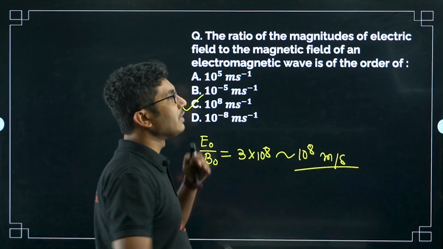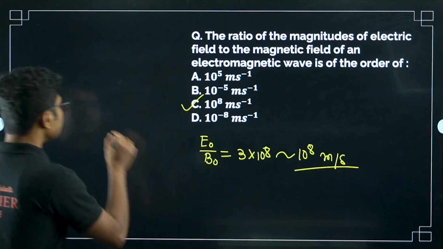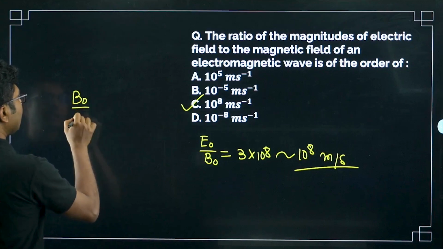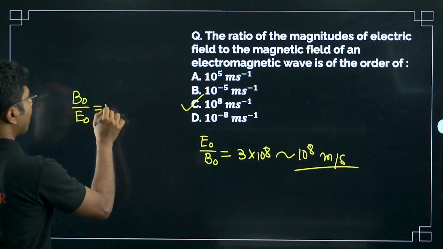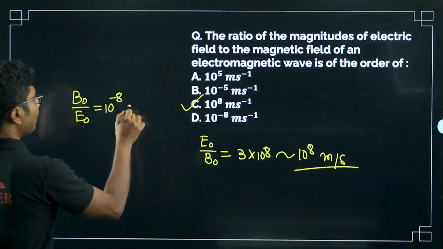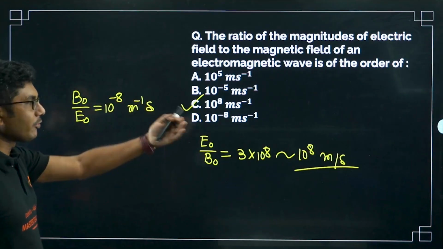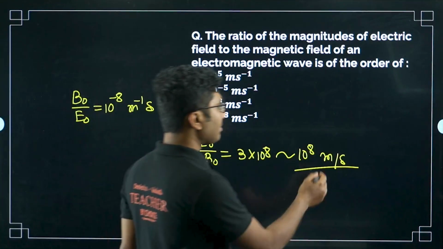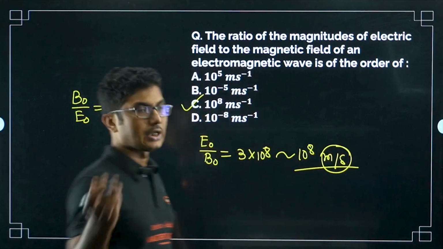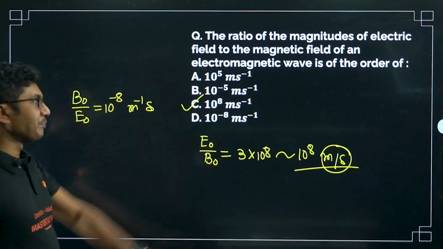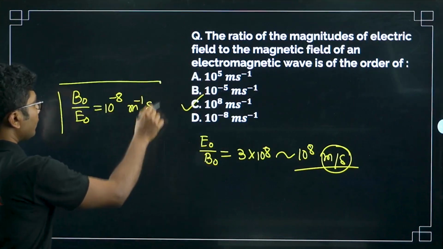If they give you the reverse, that is B naught by E naught, then it will be 10 to the power of minus 8 meter inverse second, because it is the opposite of this, so you have to remember that the unit will also reverse. This question has already come, and might come again, so you have to be careful.